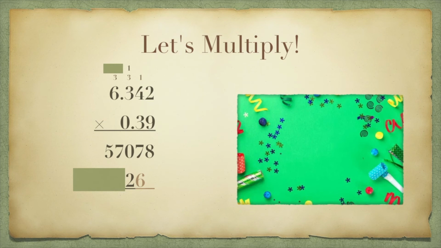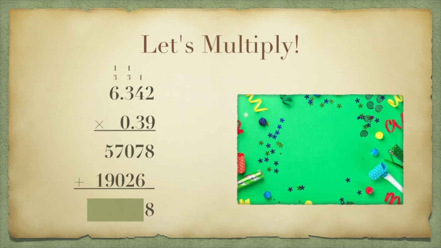Next is 3 times 3 equals 9 plus 1 equals 10. That's 0, carry 1. And 6 times 3 equals 18 plus 1 equals 19. So write both the digits at the partial product. Now, there's no need to multiply the digits by 0 since the product is already considered as 0.